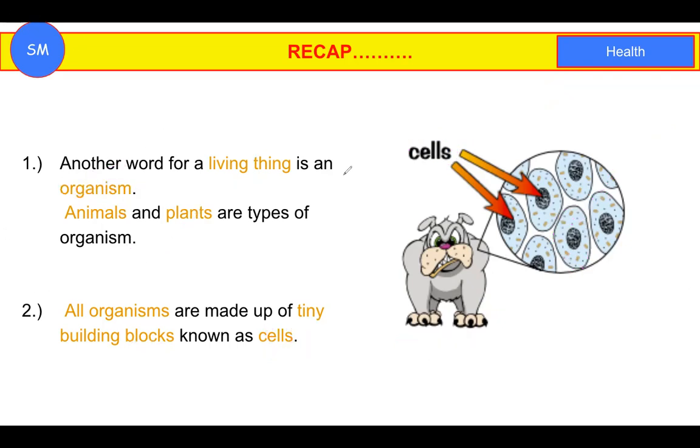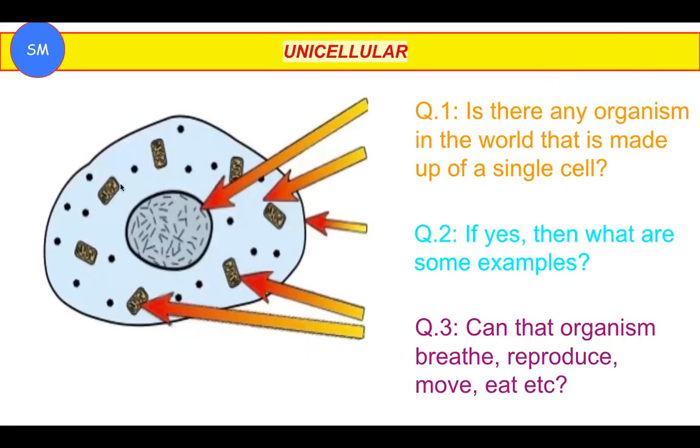Further, we also saw this animal cell in detail. This is a clear-cut picture of the animal cell that we saw last class. When we look at the central portion of this animal cell, it is known as the nucleus. This jelly-like blue filling inside the cell we called cytoplasm.